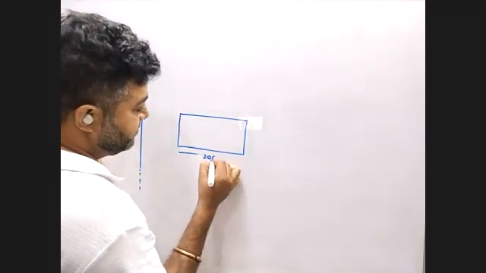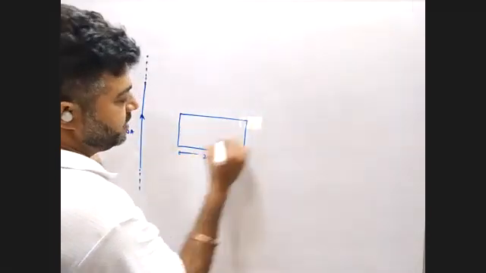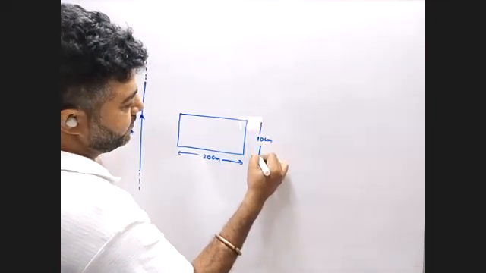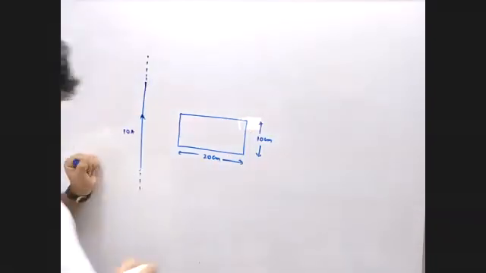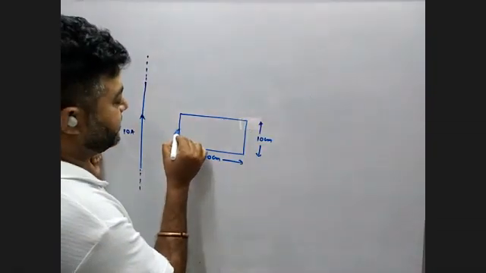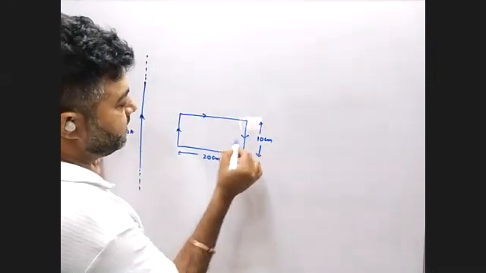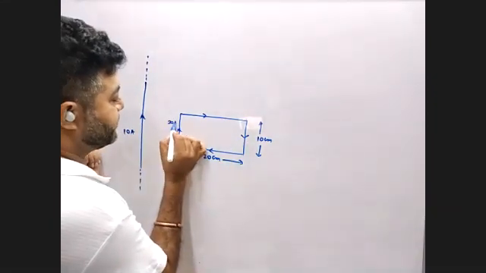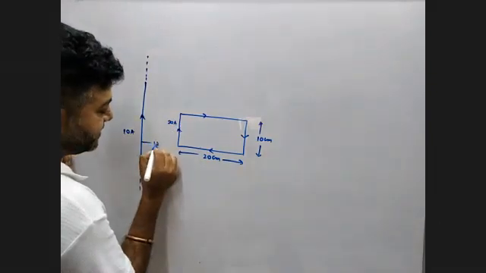This is 20 centimeter. This is 10 centimeter. And suppose the current is flowing like this. This is 20 ampere. That distance is 10 centimeter.